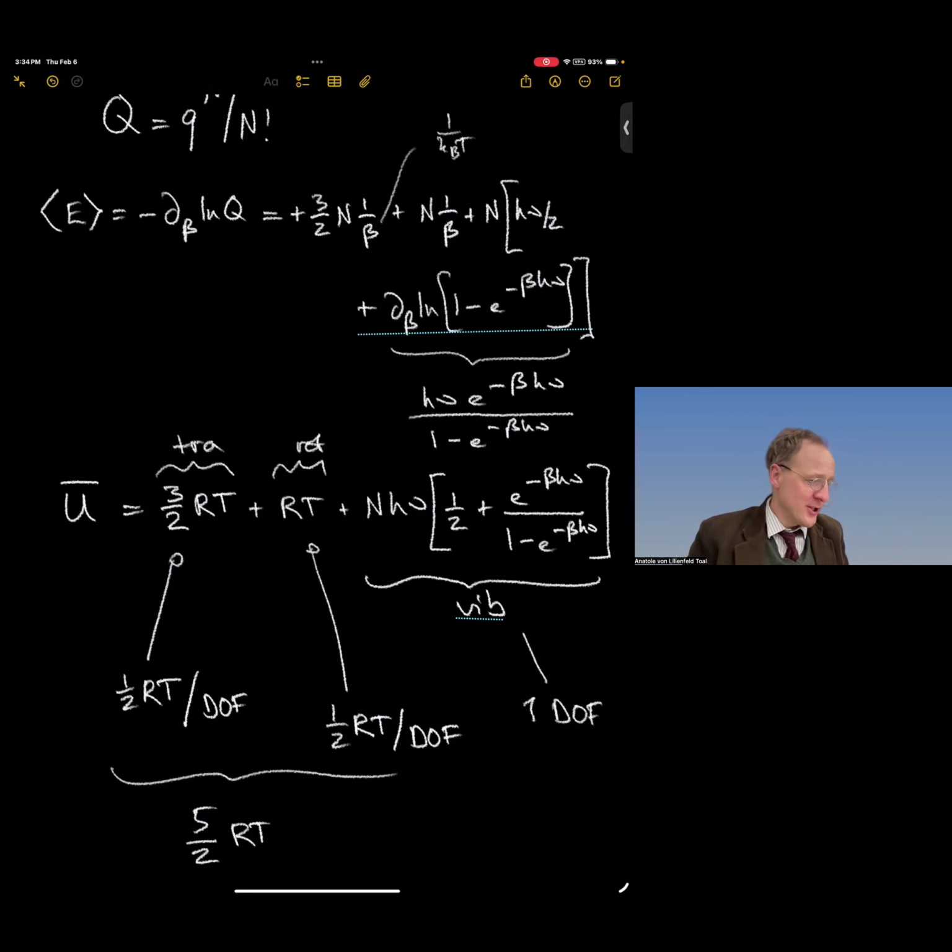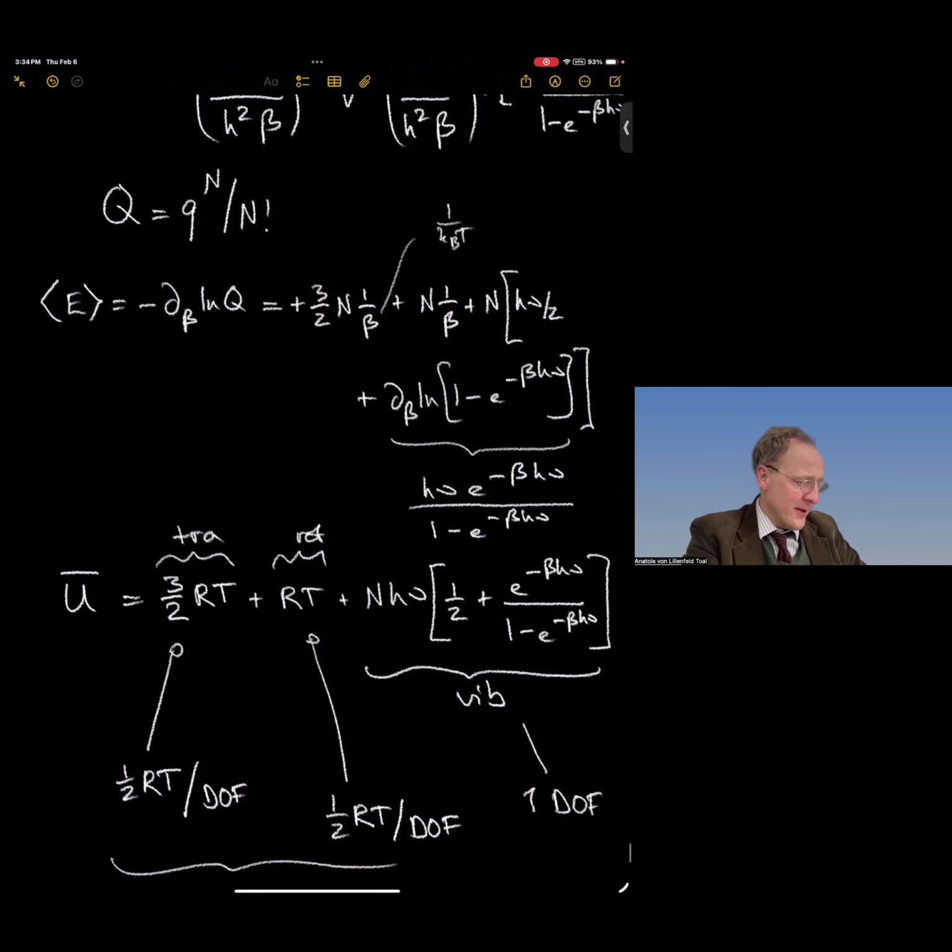So are there any questions on this exemplification of how we can make use of the separation of the partition function? Yes, please. If you're dividing through by the number of moles, shouldn't it be Avogadro's number instead of just N? Oh, in front of the vibrational effect, yeah, I think that's fair.